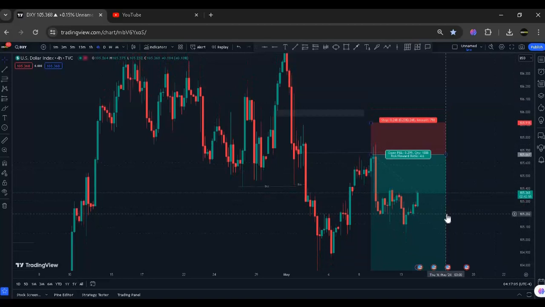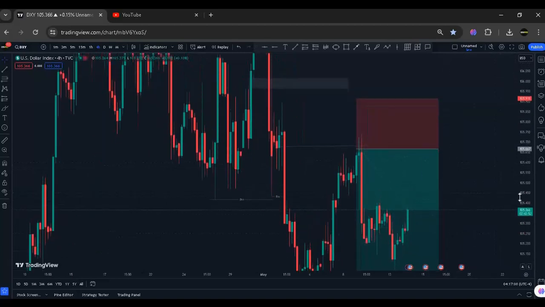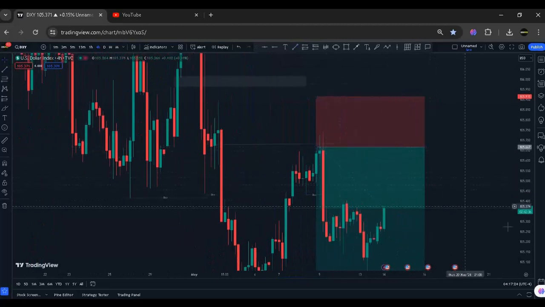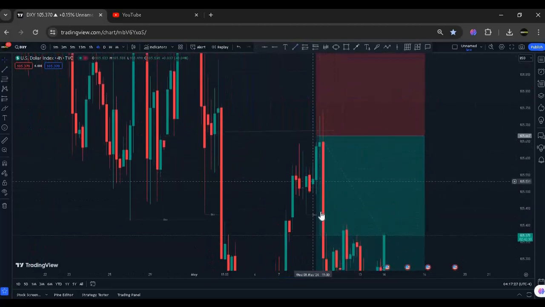Once we know this, we just mark our levels and see where to focus our next position. So we put our break of structure right there. That is the first break of structure, and then we look for PD arrays in here.